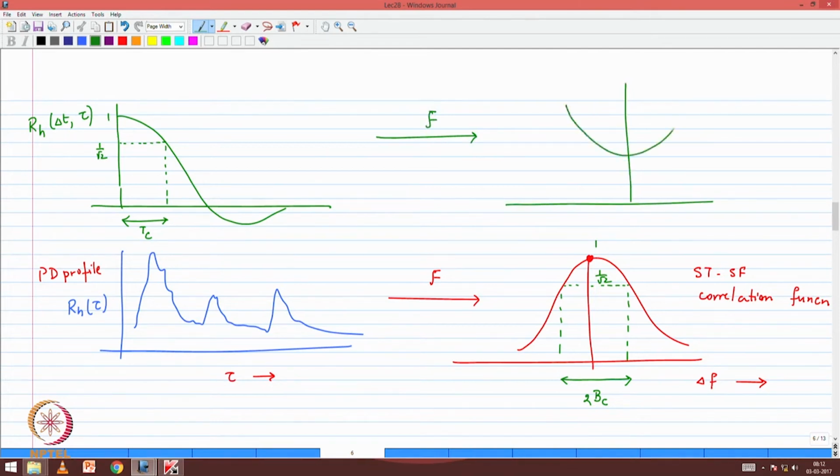The Doppler spectrum had an inverted U shape with the peaks occurring at the limits of minus F_D and F_D. So this was S of rho comma tau, and this was R_H of delta T, delta F.